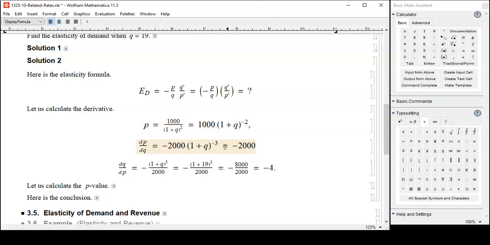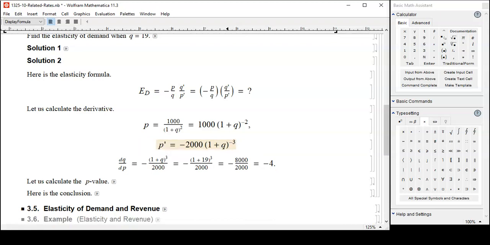We take the derivative with respect to t, so this one is just p prime. And then take the derivative by q, and by chain rule, q prime pops up. Make sense? And then we want q prime over p prime. So let's calculate q prime over p prime.